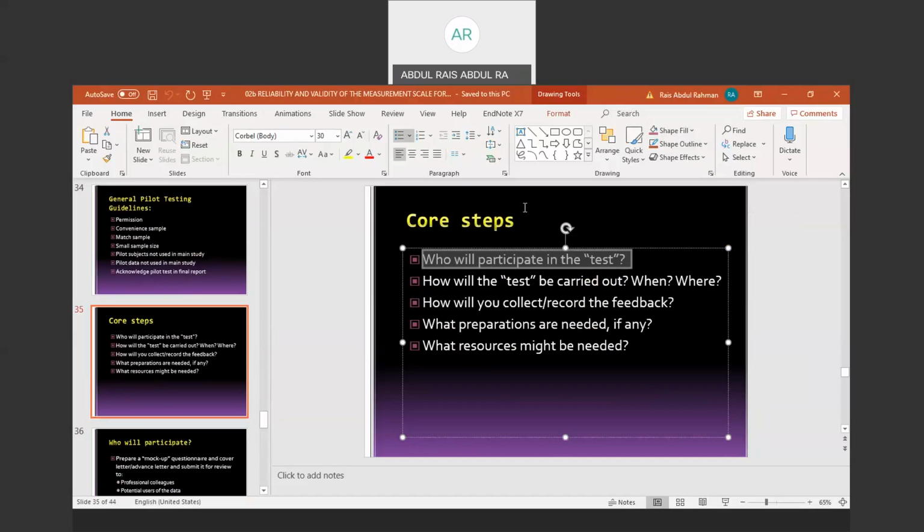But if you somehow wish to do your pilot study in your actual setting, misalnya you berkeras juga nak buat pilot study tu di restoran fast food tu juga, you tetap kena tunggu kelulusan etika dan permission baru you boleh masuk dan buat pilot test tu di dalam restoran fast food tersebut.